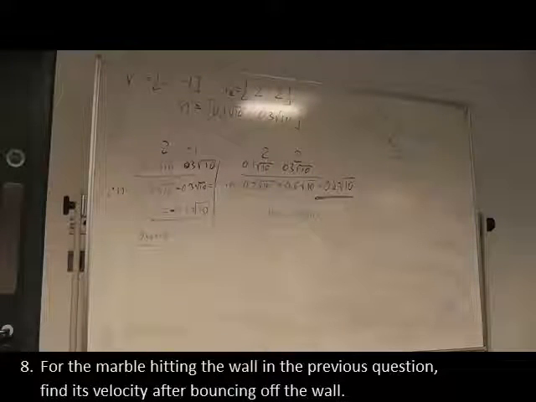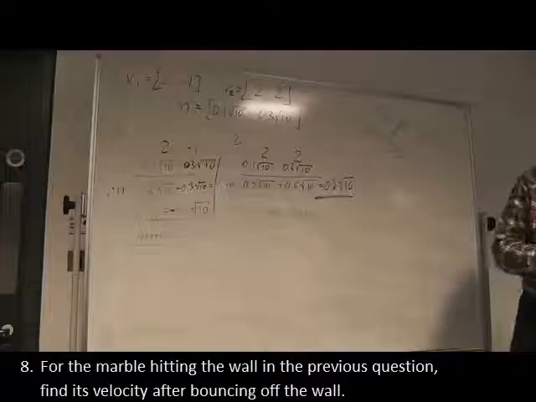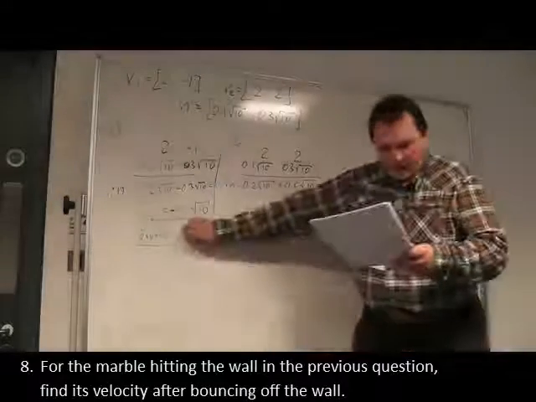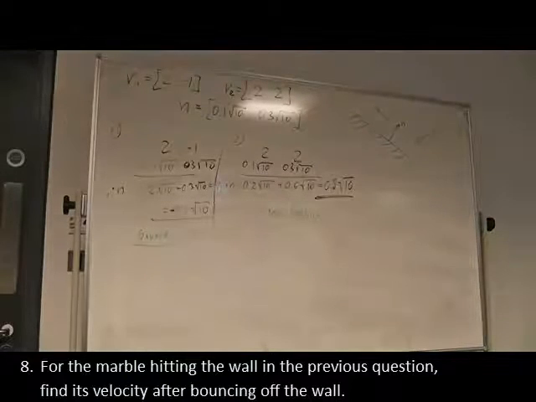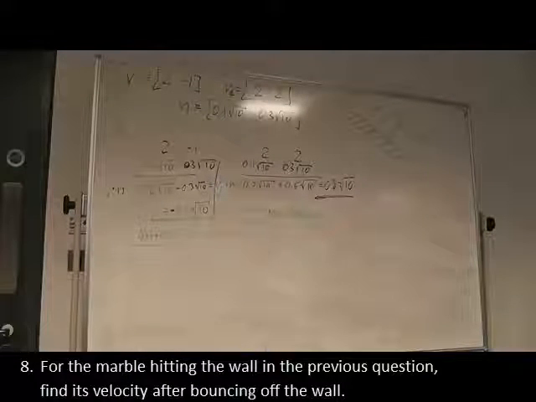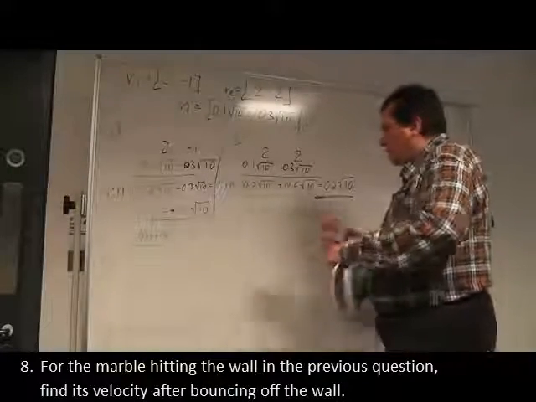And the last question in this paper, not counting the two that have stars, so they are marked as very difficult. For the marble hitting the wall, so that's this one, find its velocity after bouncing off the wall. We can use a reflection vector formula, which is ready for you to use.